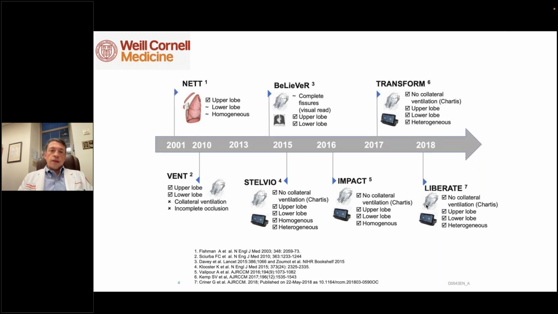We see from the slide that there's been a lot of interest in lung volume reduction to be performed bronchoscopically, and this slide is a nice summary of what's been happening over the last 20 years. The clinical trials have focused on multiple different phenotypes, including patients with both heterogeneous and homogeneous emphysema, patients receiving upper lobe and lower lobe treatments.